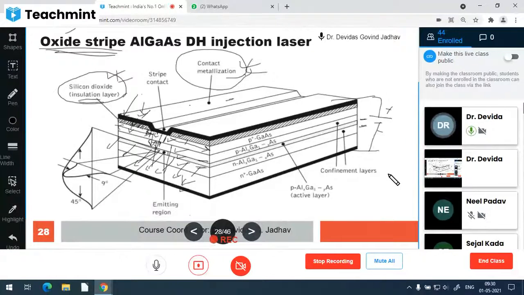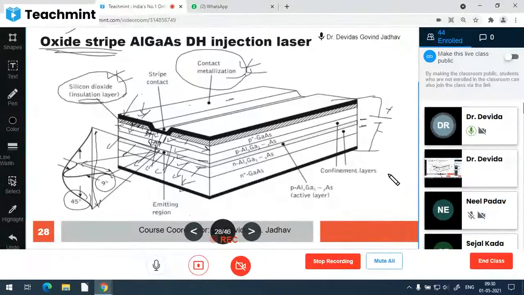The emitted optical beam shows a horizontal angle of spread as well as a vertical angle of spread. Here it is 9 degrees horizontally and 45 degrees vertically.